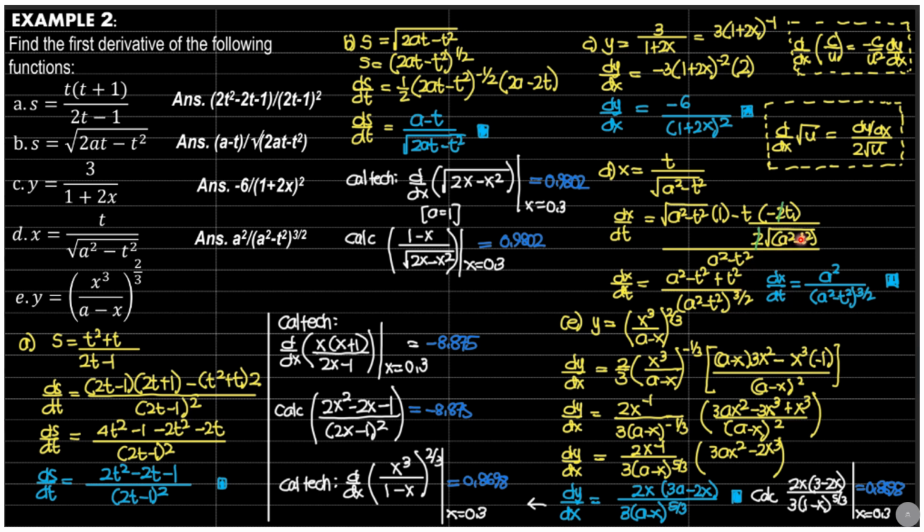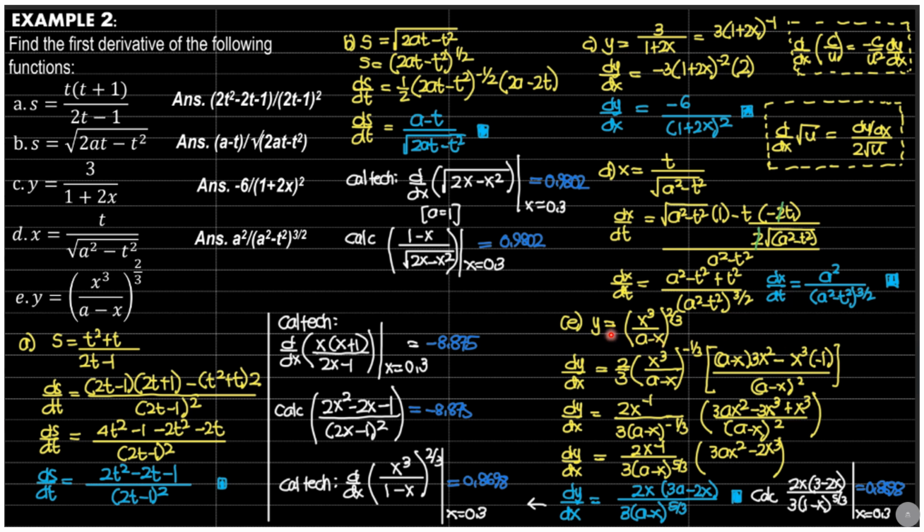So they are same except the power. So that's why we have quantity a squared minus t squared to the 3 halves. Simplifying, after we cancel negative t squared and t squared, so dx dt is a squared over quantity a squared minus t squared to the 3 halves. So again, I assign to you if you want to use your calculator.